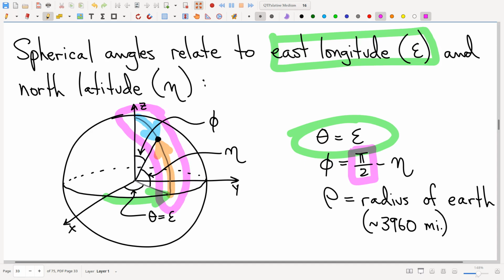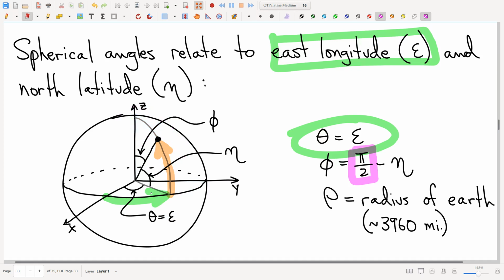Right, so wherever you are, as phi increases, your north latitude decreases. So they're not the same, but there's an easy relationship. So it's really easy to convert between spherical angles and map angles, longitude and latitude.